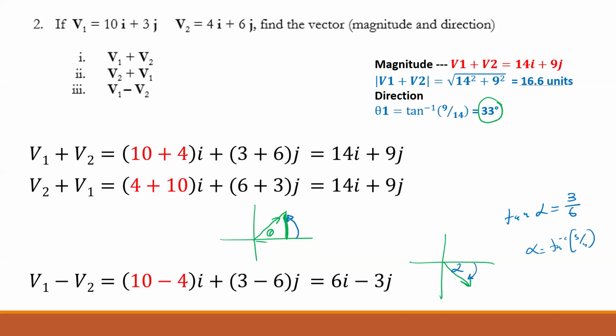If you always take y over x to find the angle, it always gives the angle from the x-axis. But if you do x divided by y, x component divided by y component, then it gives you the angle from the y-axis. Get used to one method so that you always follow the same method.